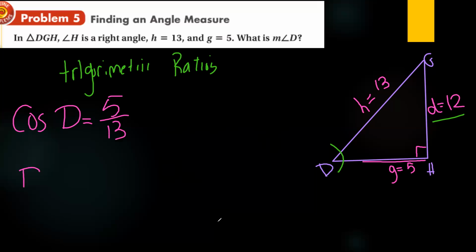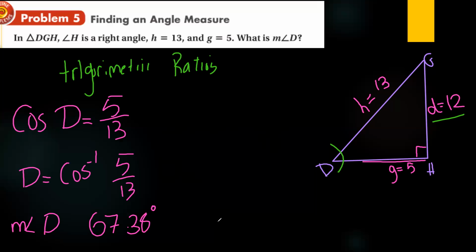So D will be the cosine inverse of 5 over 13. Now let's try it in calculator. Cosine inverse of 5 over 13. What's your answer? 67.38 degrees. So if you choose cosine or sine, you will get the same answer.